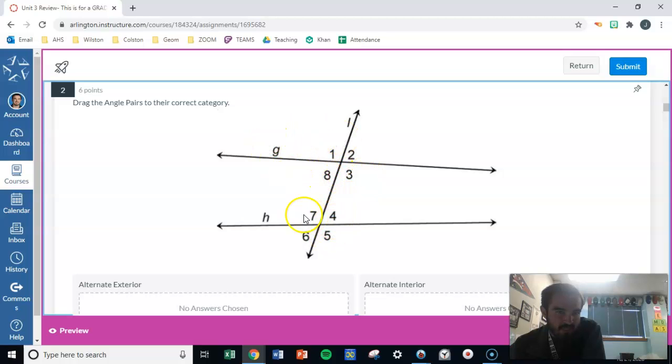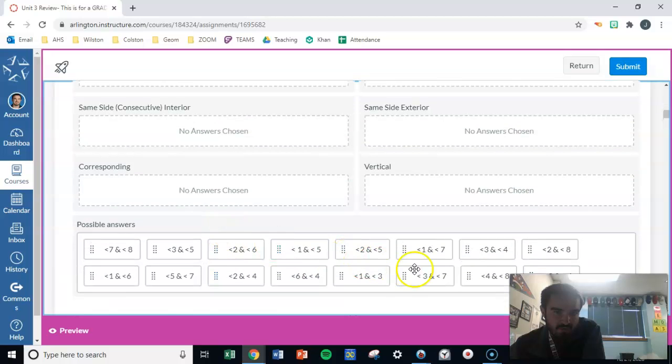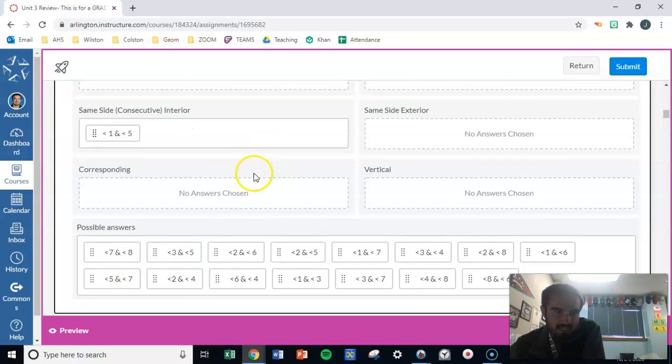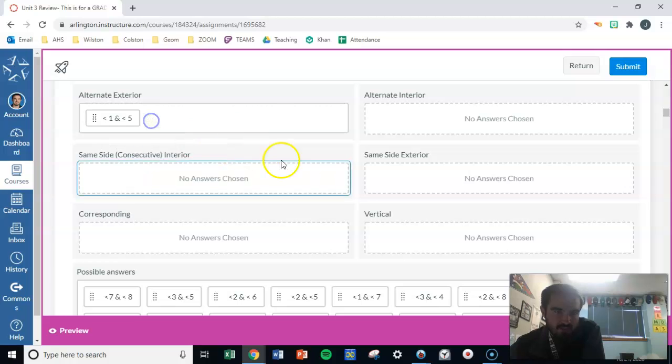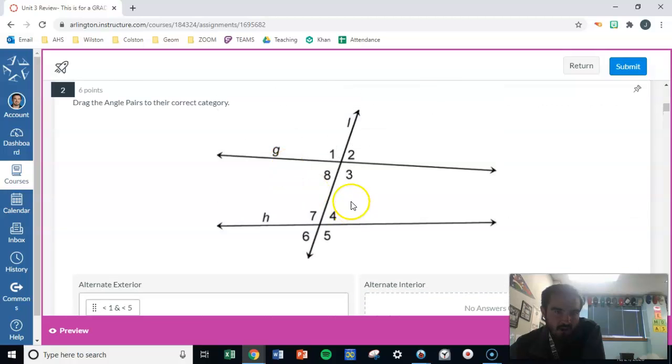So they wouldn't be 8, 3, 7, or 4 because that's the interior. But the exterior would be 1, 2, 6, and 5. 1 and 5 are on opposite corners, just like 2 and 6. So for instance, 1 and 5 would be alternate exterior angles, just like 2 and 6. So you would just drag and drop.